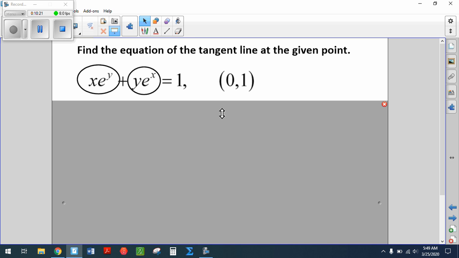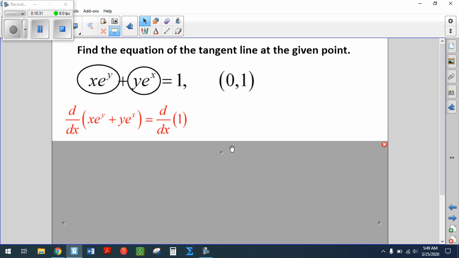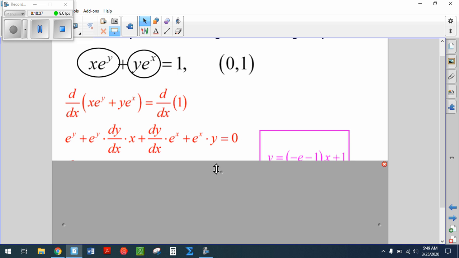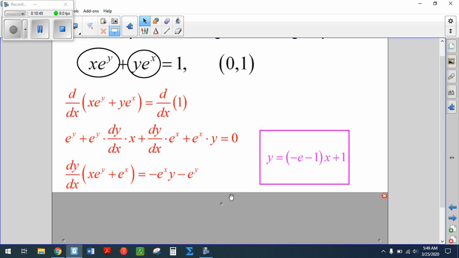I'm going to pull down the slide just so you can pause it at different spots and see if you can work your way through it. So there's the first line, take the derivative of both sides. The reason I'm doing this is so you can just pause it and work it out on your own, and then press play and see if you're getting it right.